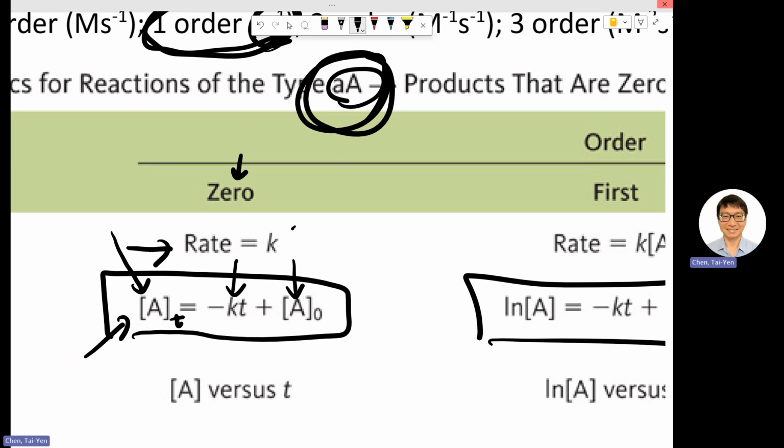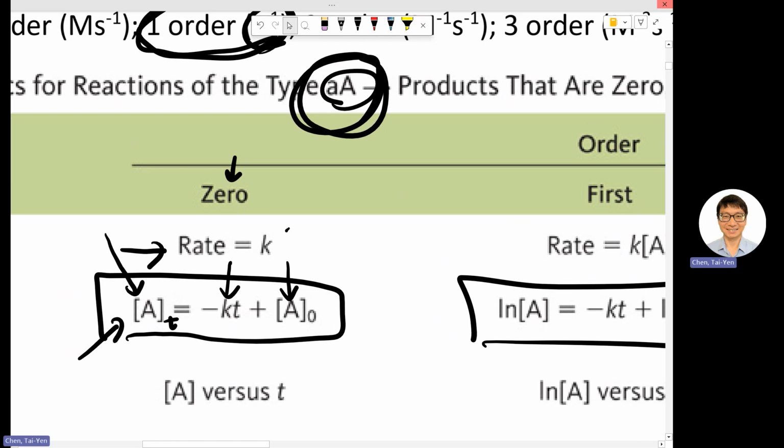What is A0? Very important: the initial molarity of your reactant A. All these things are very important. You need to recognize what is what, so when you read the questions, it's easy to assign the value to each individual variable.